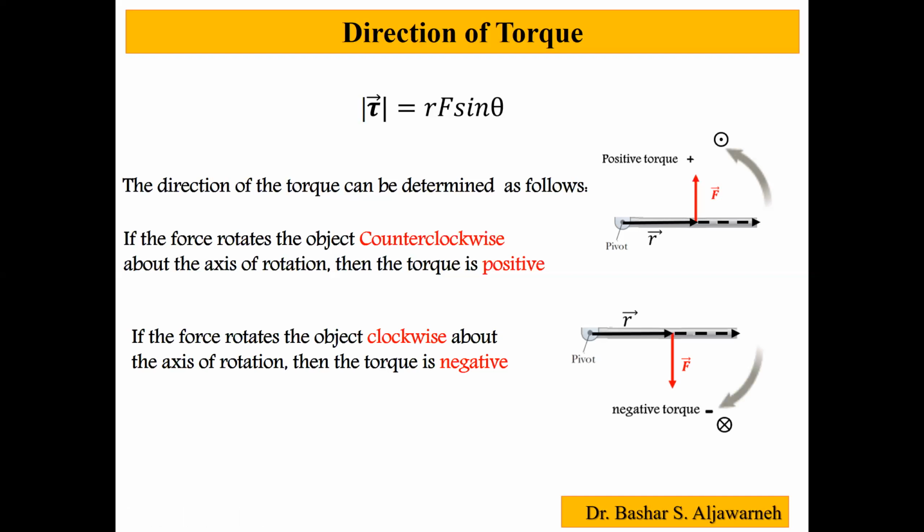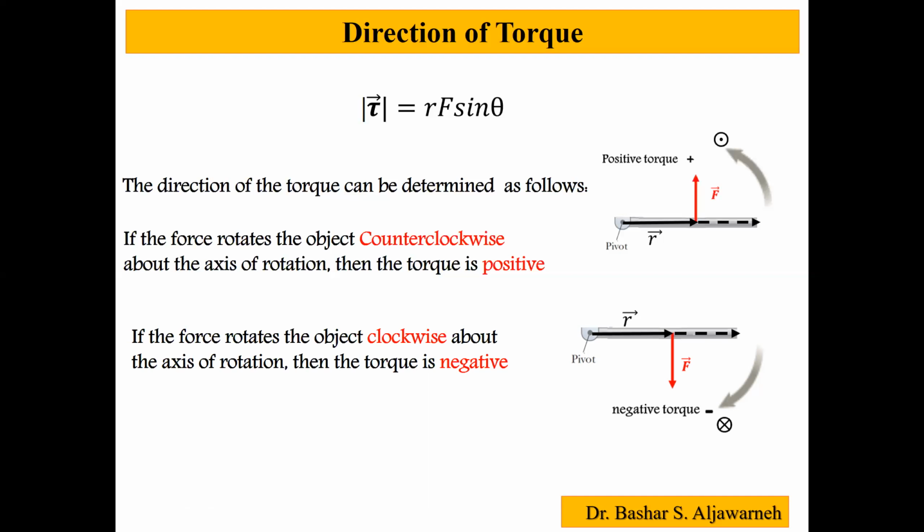Second case, as you can see here, do the same procedure. Align your fingers in the same direction as the lever arm, which means your fingers should be to the right. But now, to curl your fingers toward the force, you have to flip your right hand downward.